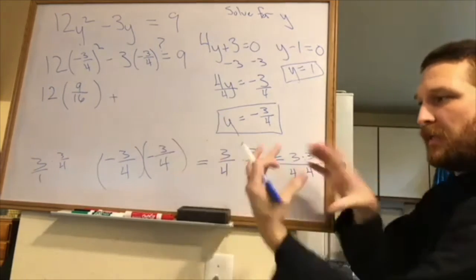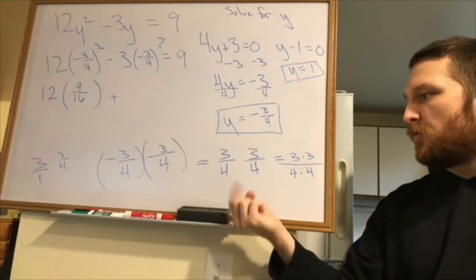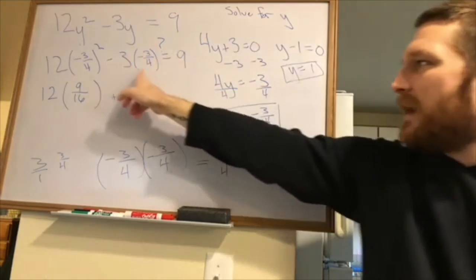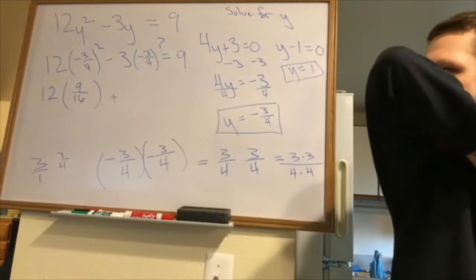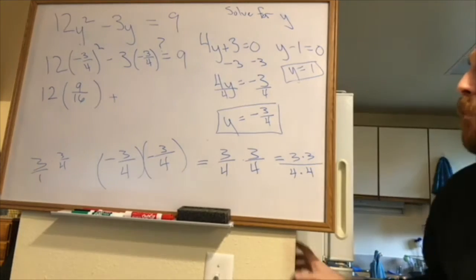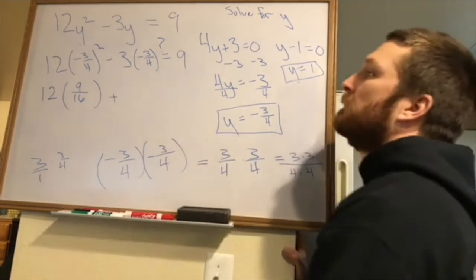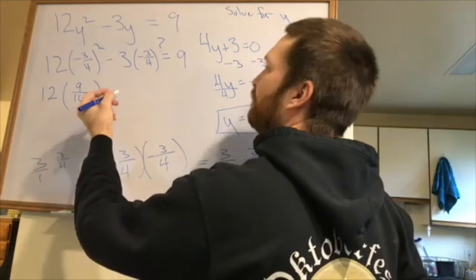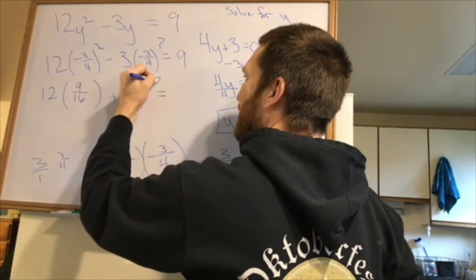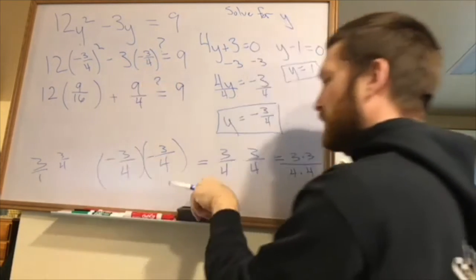So in the same kind of thing that I did here, we just multiply numerator, multiply denominator. We have numerator over denominator. What do I have right here when I'm done? 3 times 3 over 4 times 1, which is 9/4. Good. 9/4. And I'm asking, is that thing equal to 9?